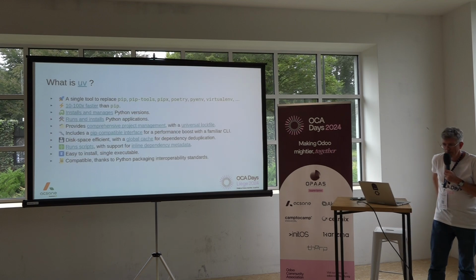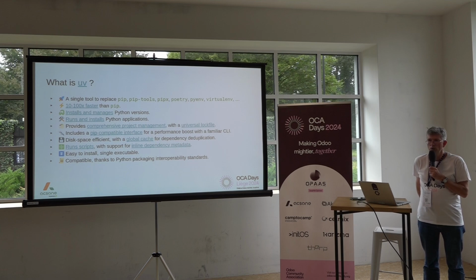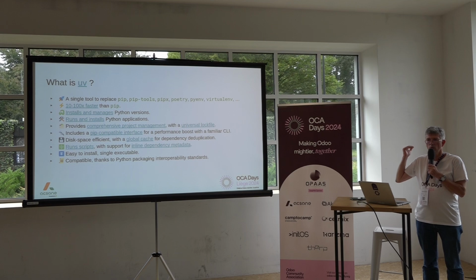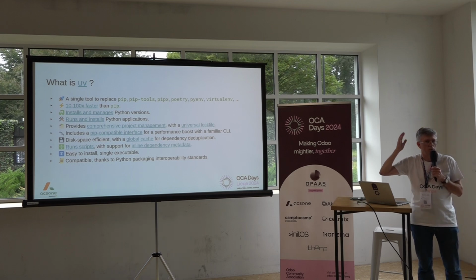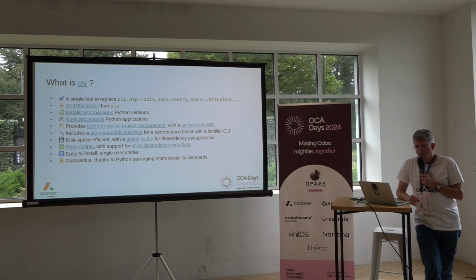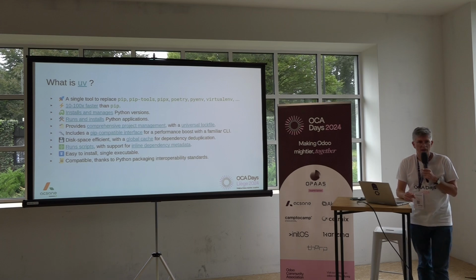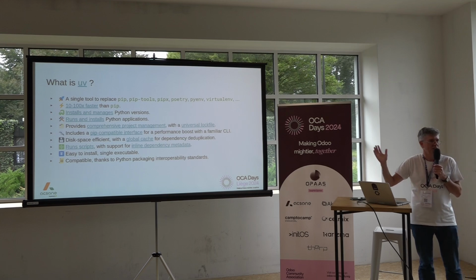So what is UV? UV is actually a very new tool. The people who started working on it started just one year ago, and they went public, I think, in February or March this year. It's a tool meant to replace basically any other Python project management tool in existence.